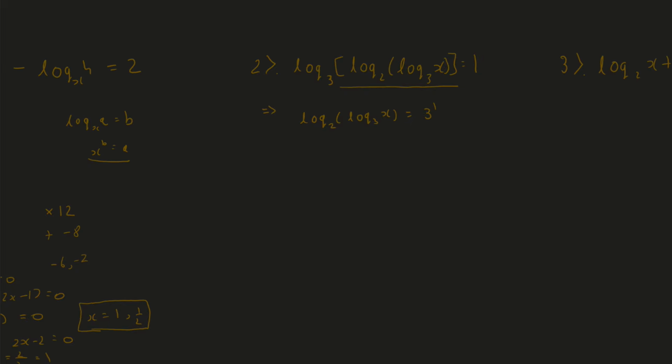Now again, we will use the definition here and we will write what's inside the log, which is log x to the base 3, as 2 cubed. 2 cubed is just 8, and now x is going to be equal to 3 raised to 8.